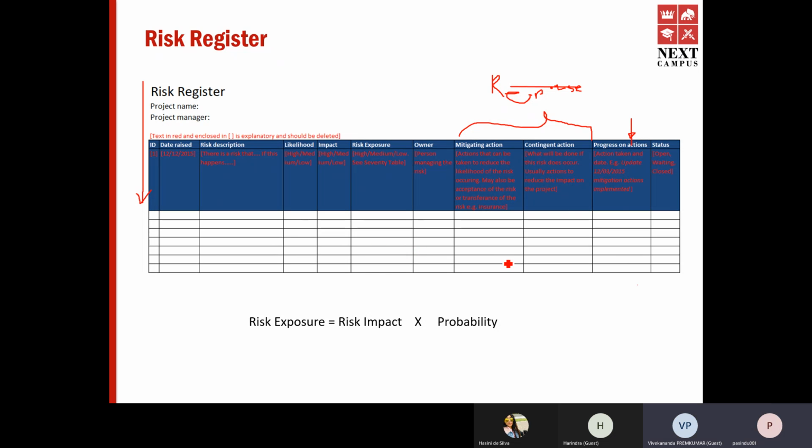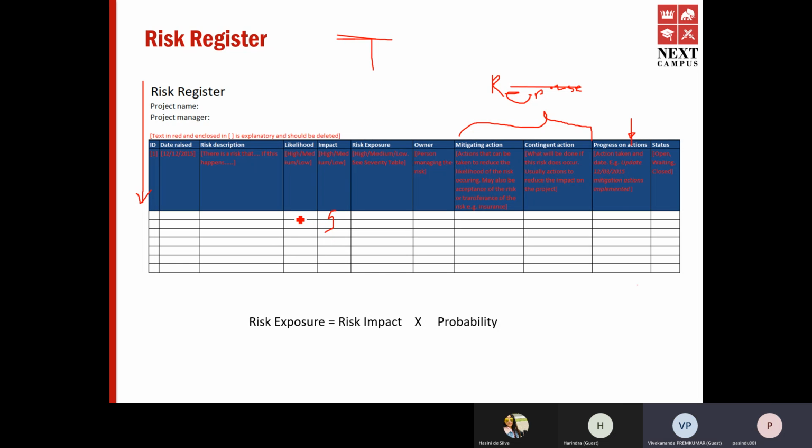Great. Thank you. One more thing regarding likelihood and impact: let's say you are trying to build a hotel on the beach. When you do your risk assessment, you come up with a possible tsunami as a risk. Your impact would be very high. If it happens, your hotel will be doomed.